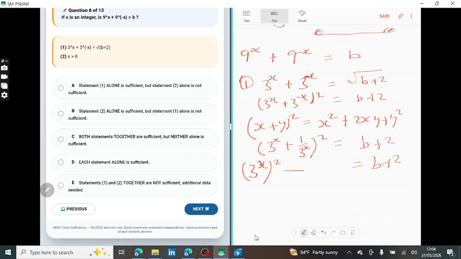The middle value is 2 times, we better use brackets, 3 raised to the power s, because a bracket also means multiplication, and 1 over 3 raised to the power s, okay, then plus 1 over 3 raised to the power s, all squared equals b plus 2.